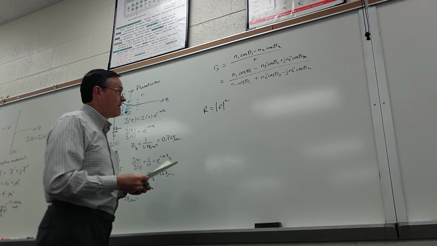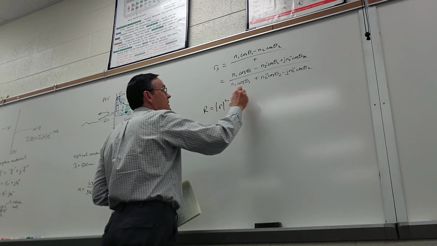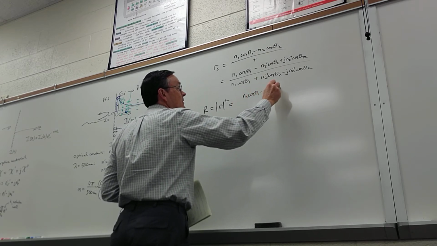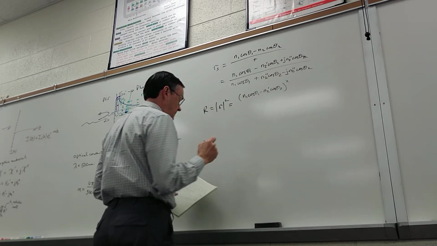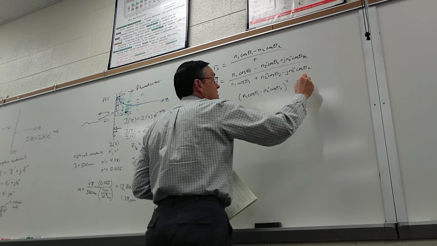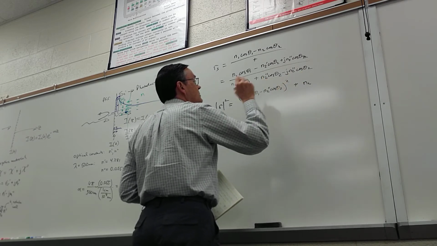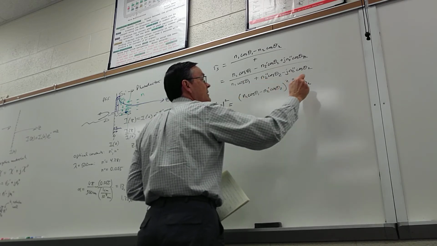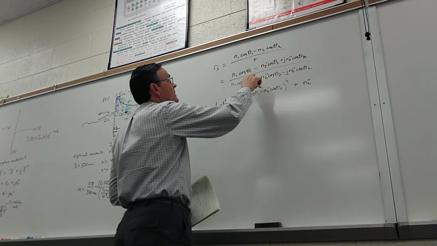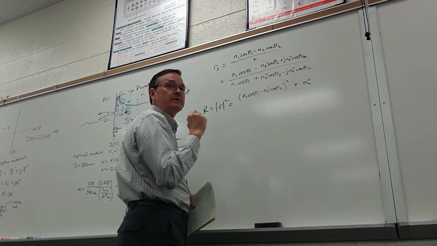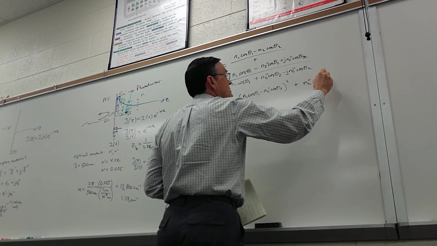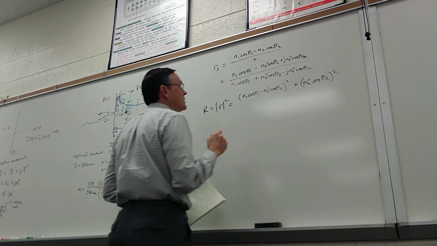And so if we do that, we have N1 cosine theta 1 minus N2 prime cosine theta 2 quantity squared plus N2 double prime cosine theta 2 quantity squared.